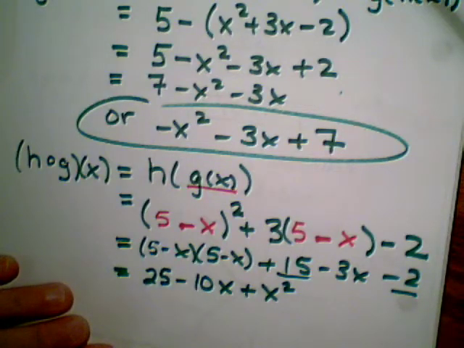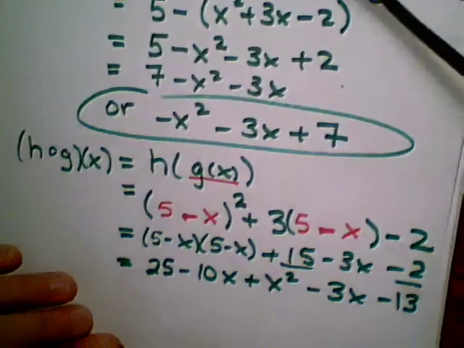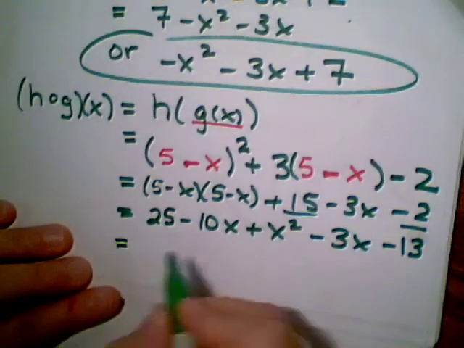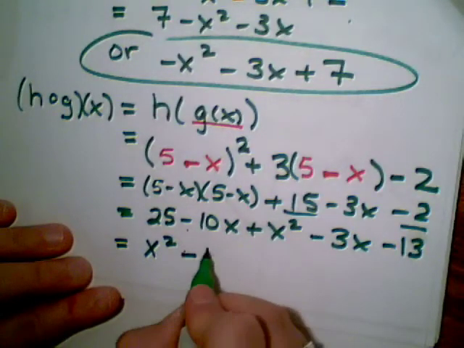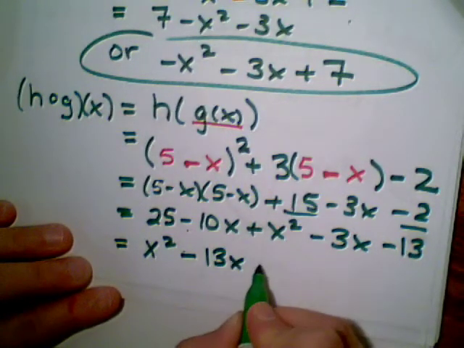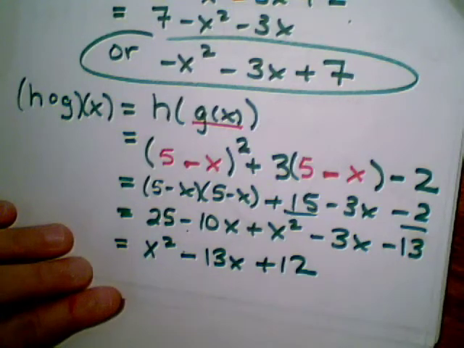We'll collect some like terms. I see that we're going to have a 13. We still have this linear term minus 3x, and then I'll put my minus 13. Running out of room, but we can do this. Final answer, x squared minus 13x plus 12.